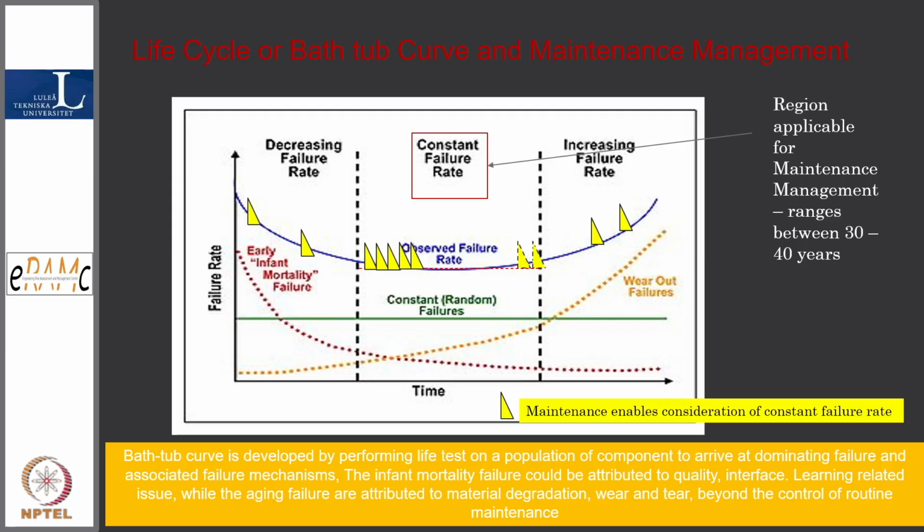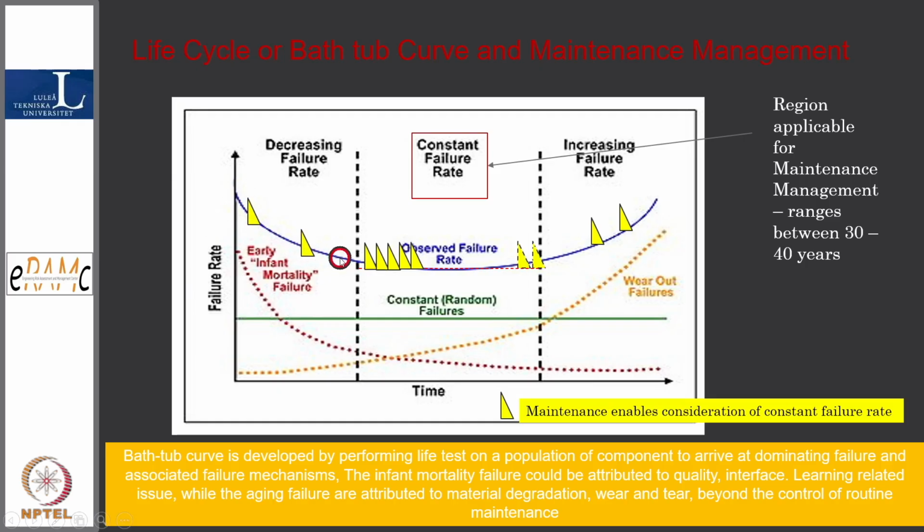So what will happen is, initially the failures will be more because the component has just been fabricated. It could be quality related issues, it could be learning factors. Let's say we want to understand a typical 40 watt bulb and its behavior, so we put 140 of the 40 watt bulbs under test and see how they perform.